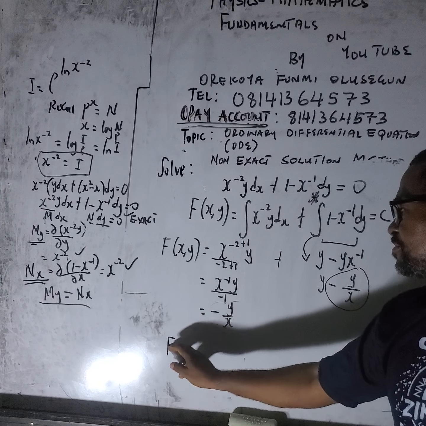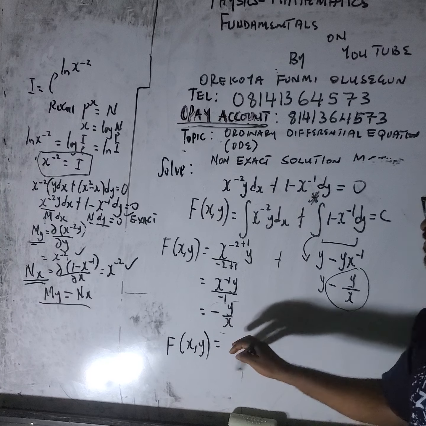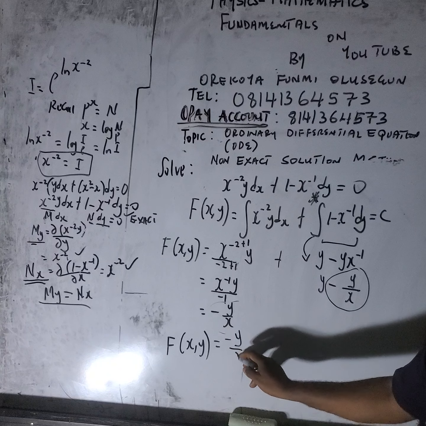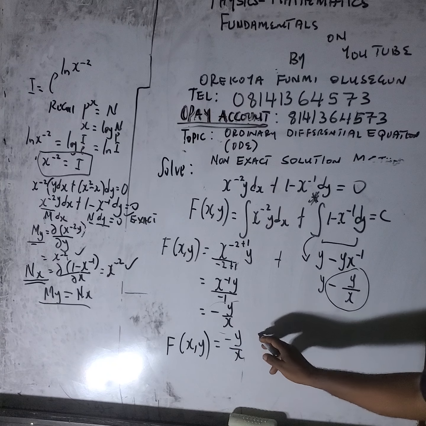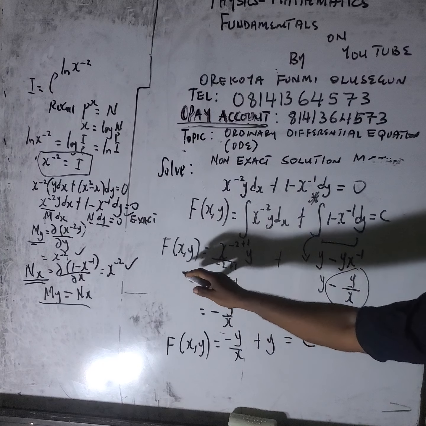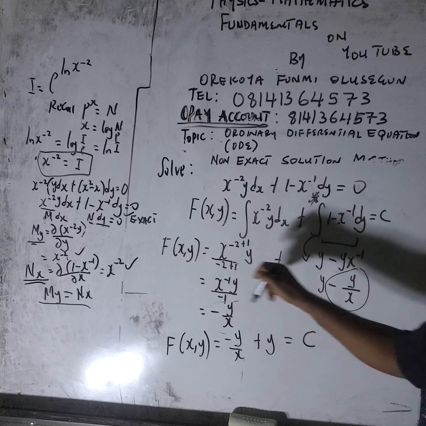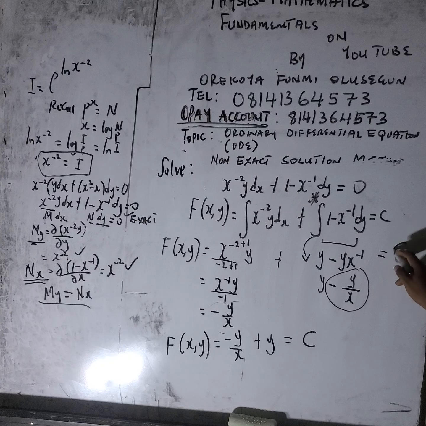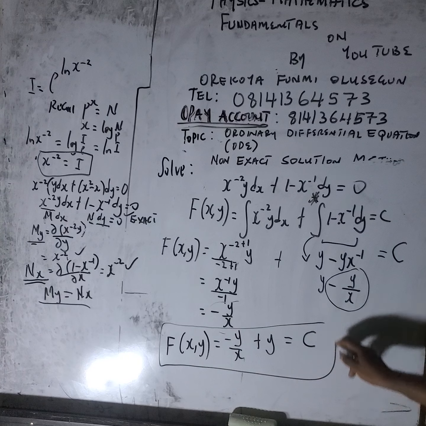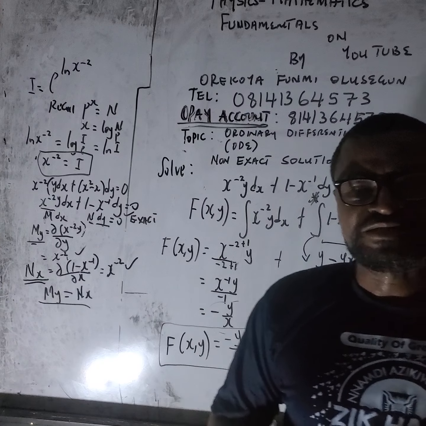So the solution of that differential equation will be the terms that I have: minus y all over x, then plus y is equal to c. This particular solution is supposed to be expressed with the constant c. So this is the solution of the original ordinary differential equation that we started with.